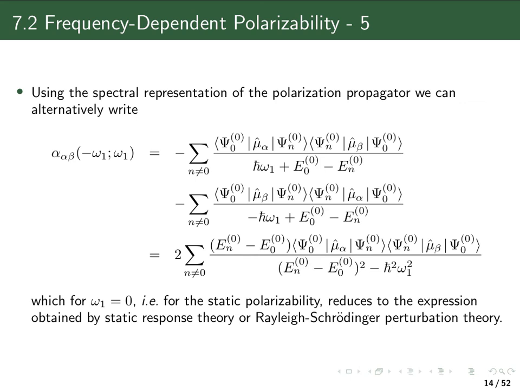If I bring it to a common denominator, which is then the excitation energy, the energy difference of the excited state minus the ground state, squared, minus h bar squared times the frequency squared, that gives us an extra energy difference in the numerator.